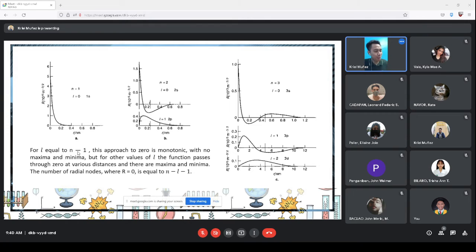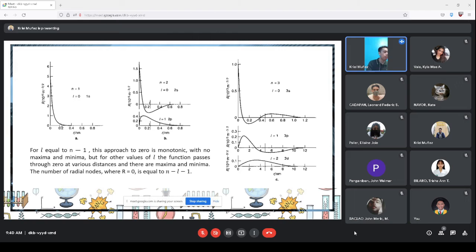But for other values of L, the function passes through 0 at various distances, and there are maxima and minima. The number of radial nodes, where R is equal to 0, is equal to n minus L minus 1. As you can see, class, for the 1s orbital we have no nodes. It is just one set of line, and it approaches 0 as R increases.